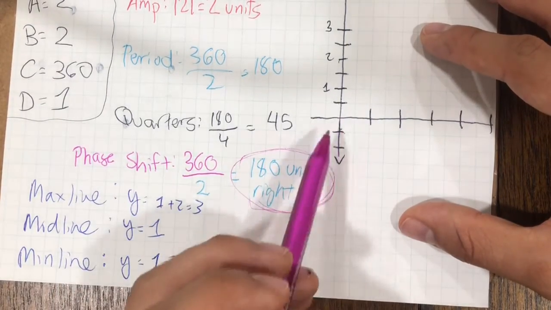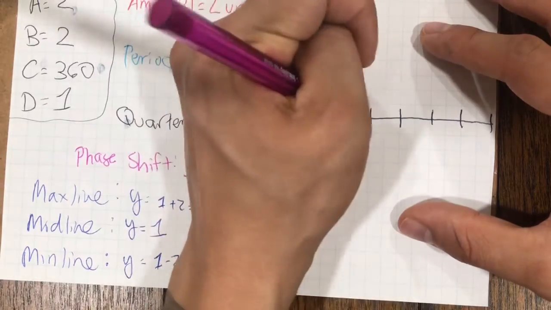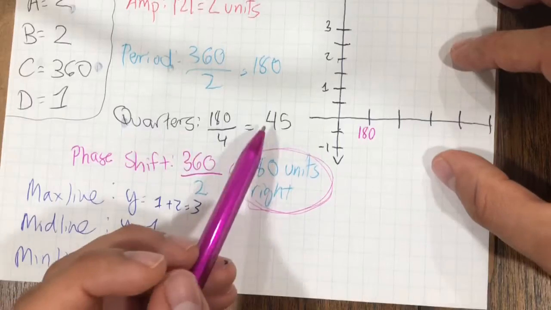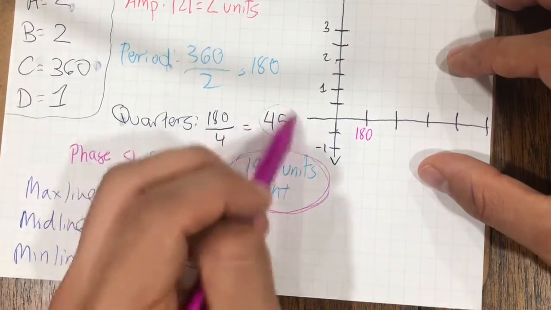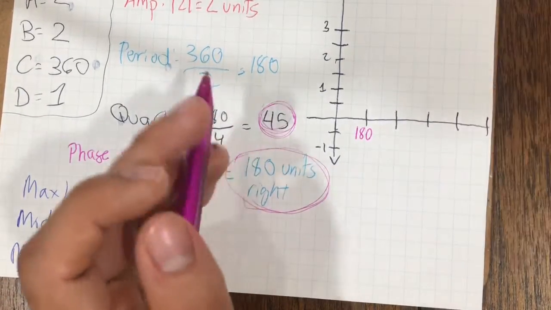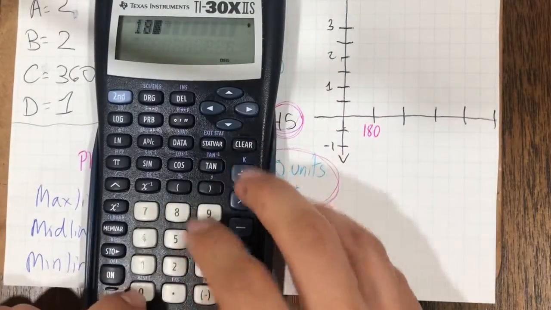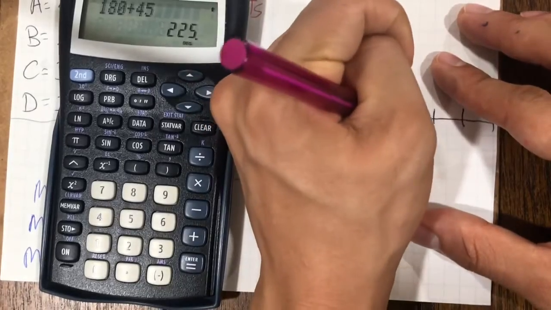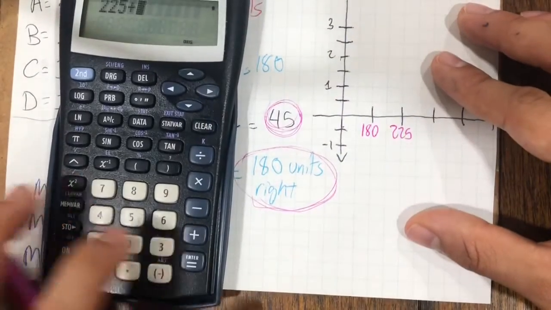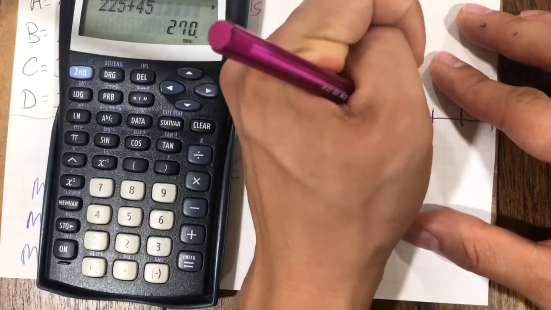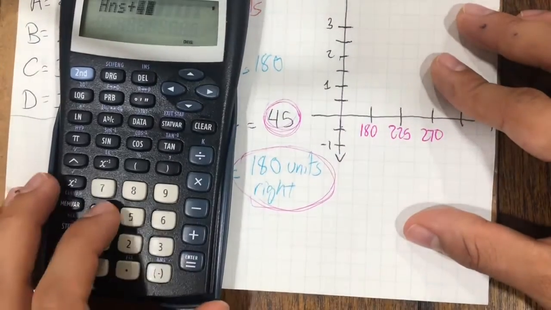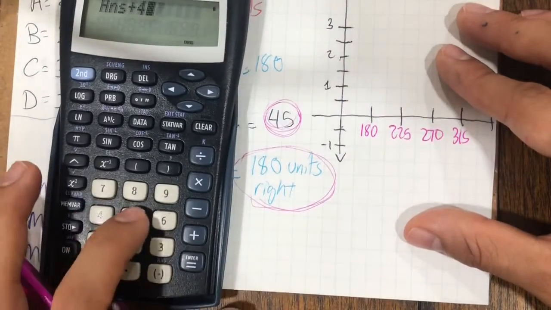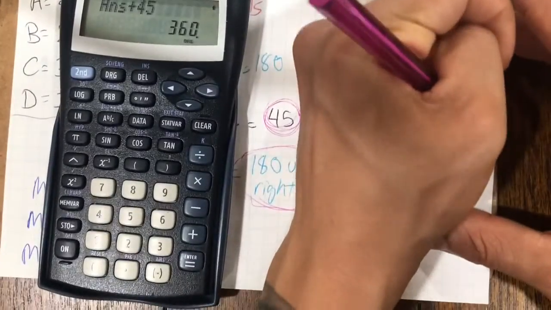So instead of starting at 0, I'm going to start at 180 degrees. And for the quarters, to get from one x value to the next, I add 45. So 180 plus 45 gives me 225. 225 plus 45 gives me 270. 270 plus 45 gives me 315. 315 plus 45 gives me 360.